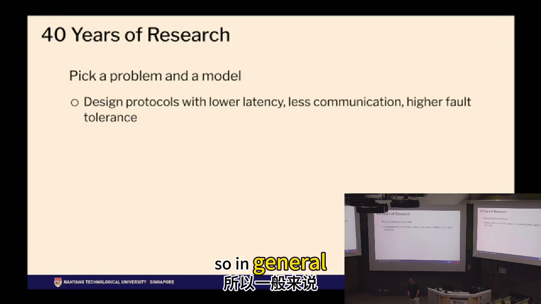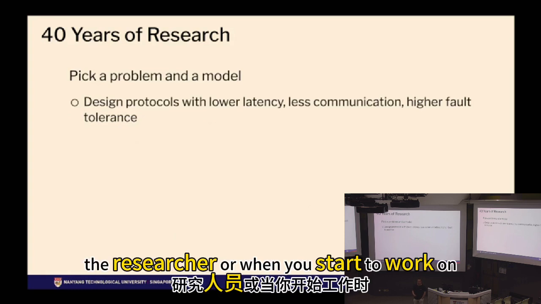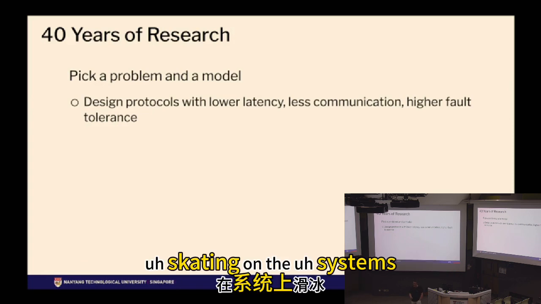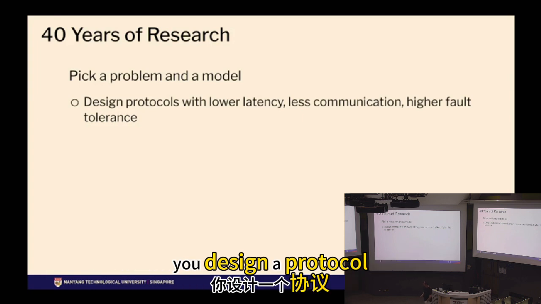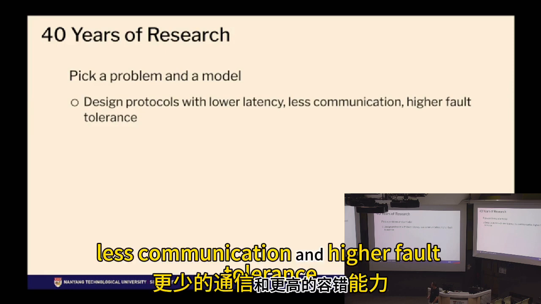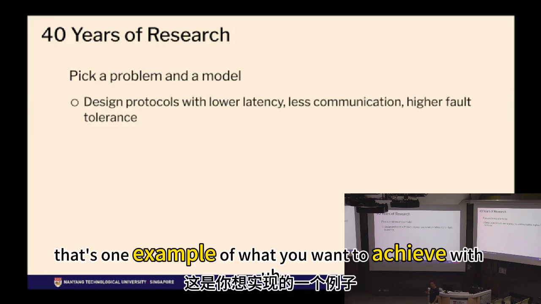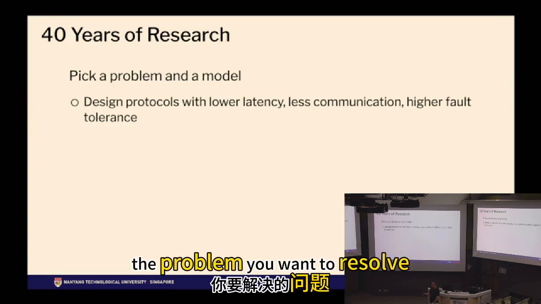So in general, when you start to work on scaling some of these systems from the consensus perspective, you design a protocol with lower latency, less communication, and higher fault tolerance. That's one example of what you want to achieve.